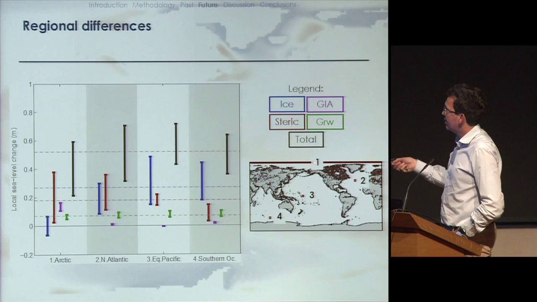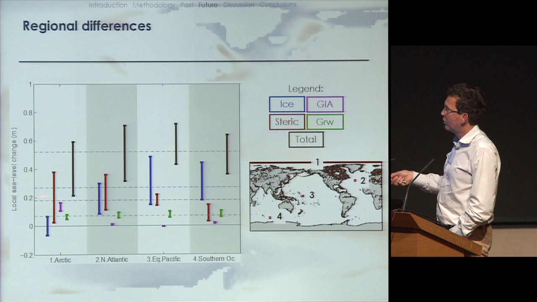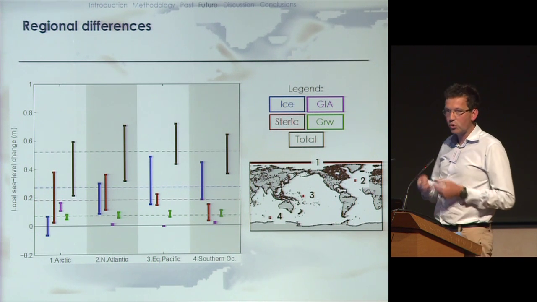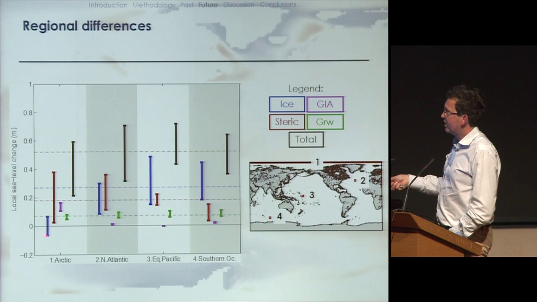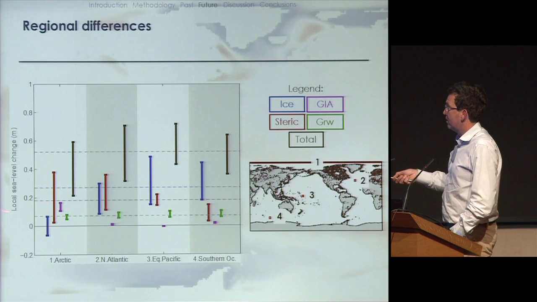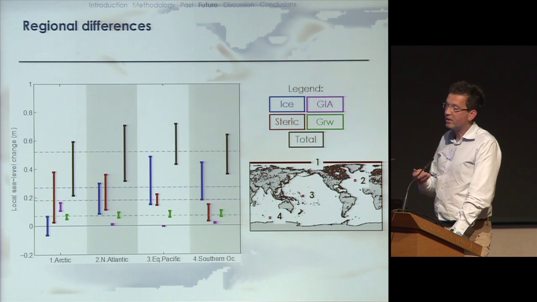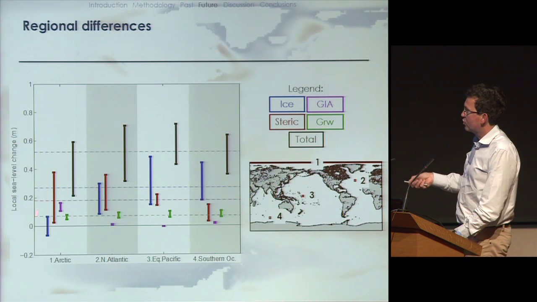You can see that in the Arctic Ocean, the signal is largely dominated by the steric component, which is clear because you're close to where the ice melts, so you may expect that the ice component, given by this blue bar, is much lower than the average blue, which is this dotted line, and clearly the steric component is more important in that area. And the climate models have a large spread in the steric contribution in the Arctic region, and as a result you see a large uncertainty for this region.